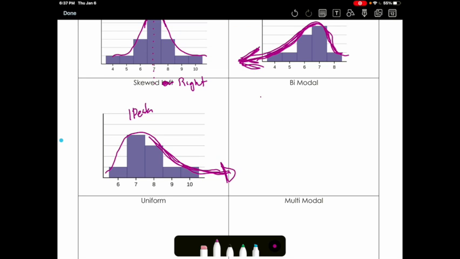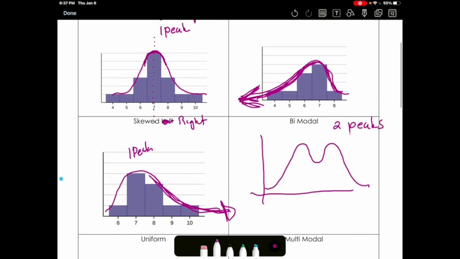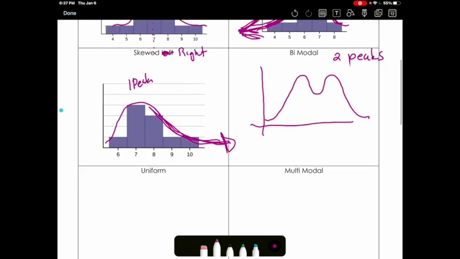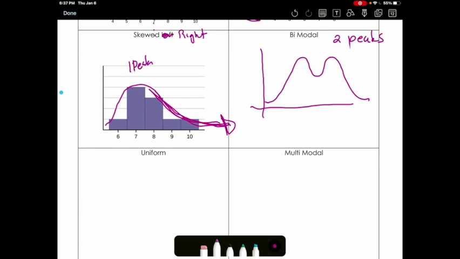A lot of times you'll hear the word bimodal, and bimodal just means you're going to have two peaks. So an example might be something like this. Now the book focuses on these first three examples, and I pulled these graphs from the book, so you'll see those in there.